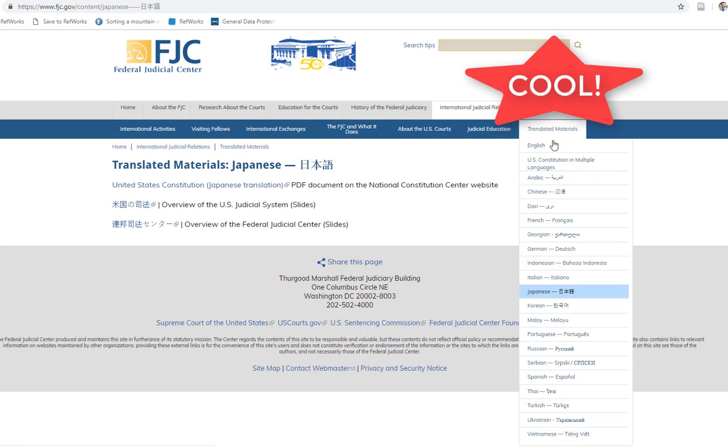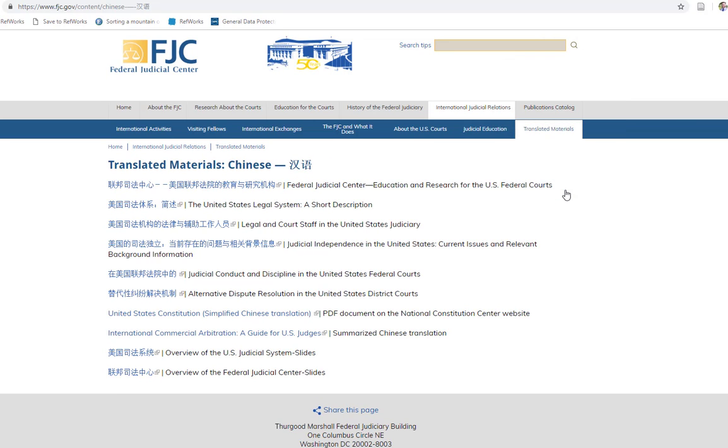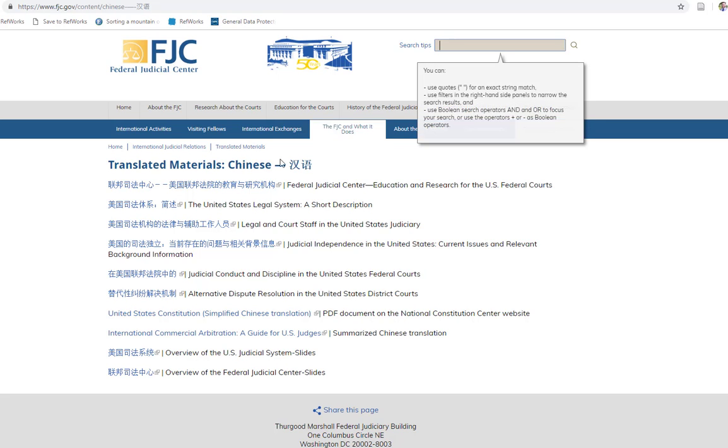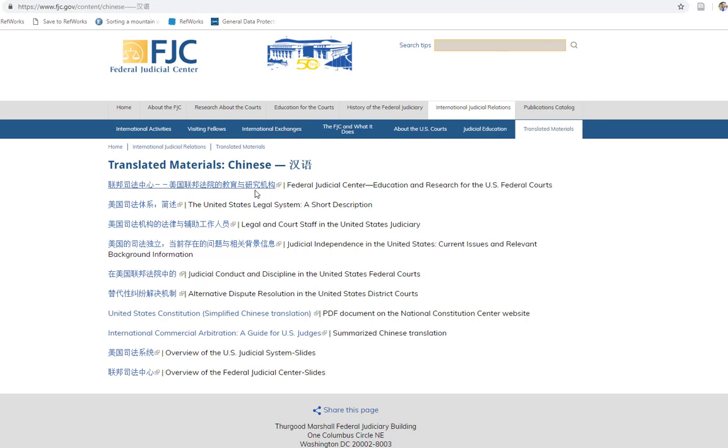But in this class, most students also speak Chinese, and the Chinese resources are well developed. So if you're looking for ideas on what to write your paper on, I would consider looking at these translated materials. You can find the English document, of course, on the website just by searching up here, but you can also find a translation into Chinese of that same document.